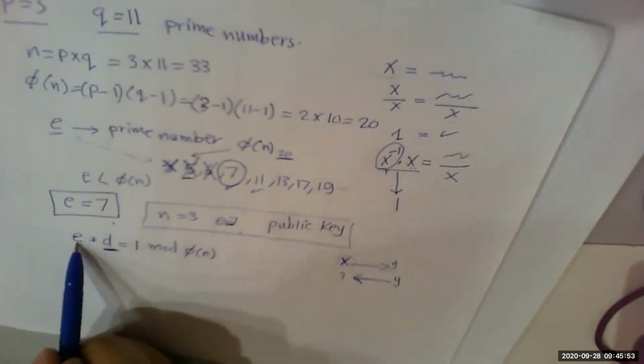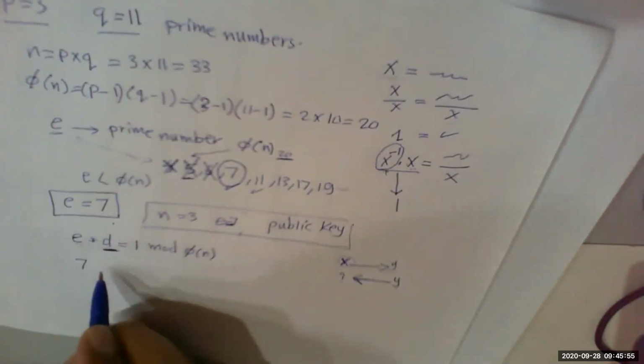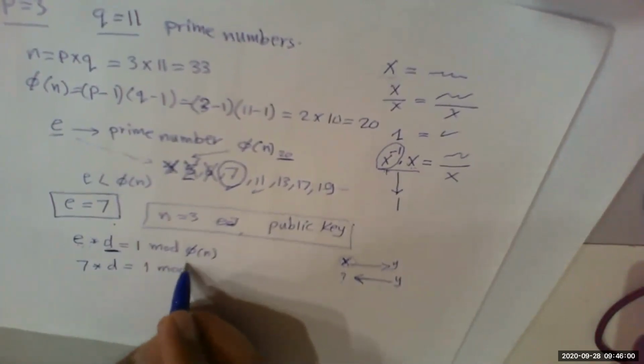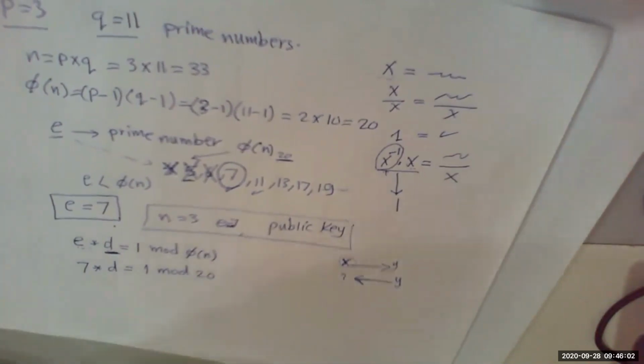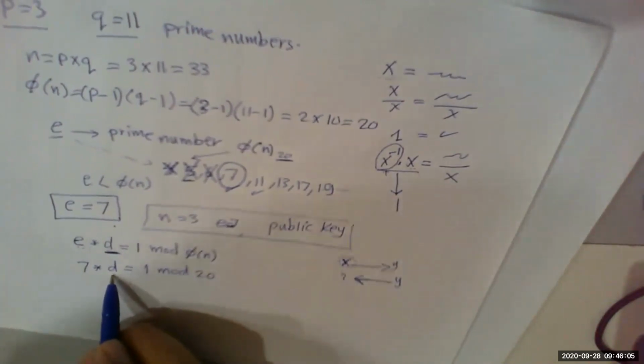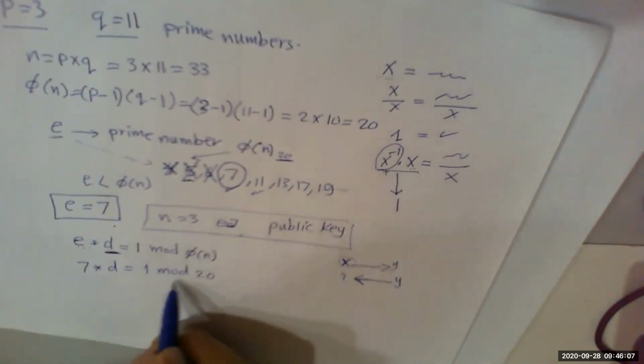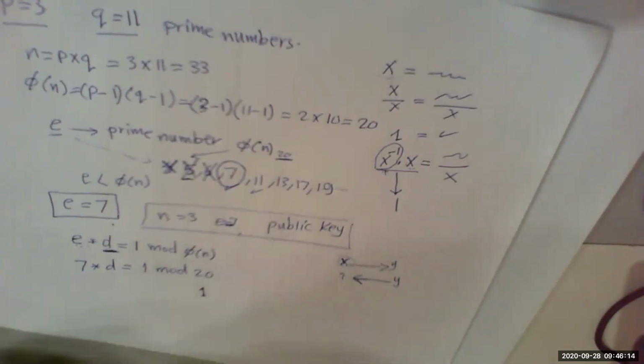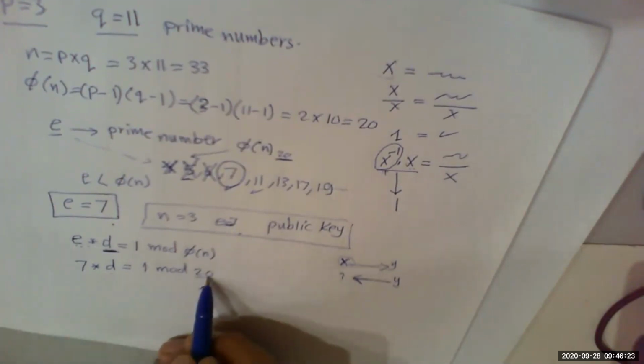What is the number to multiply by 7 that leads to 1 mod 20? Let me try. If it is 1, 1 by 7 is far away from 20, so the remainder will be 13.